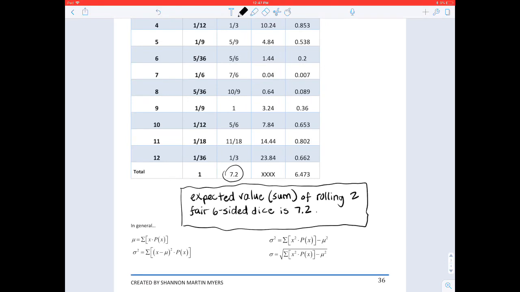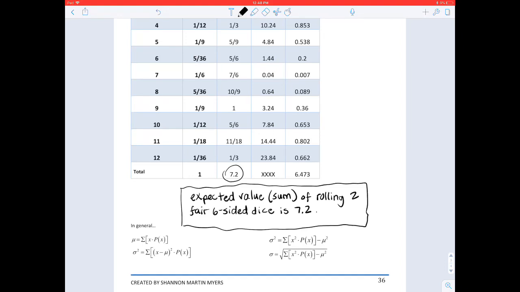So here's our theoretical expected value or mean. But I bet if you did an experiment with 2 dice and rolled them, say, 100 times and recorded the sum each time, and then added them all up and divided by 100, you'd get about 7.2. Isn't that groovy?